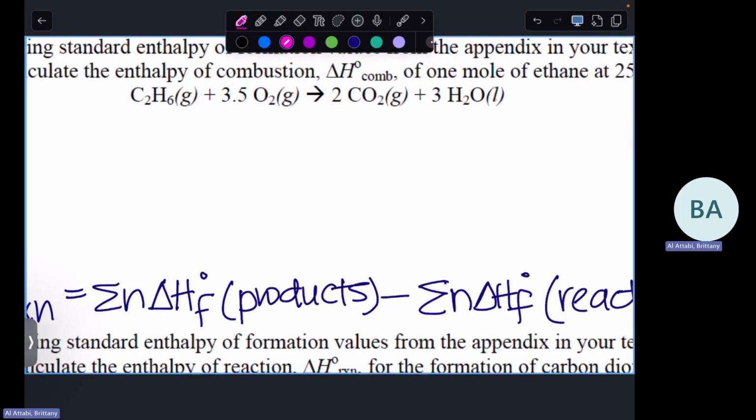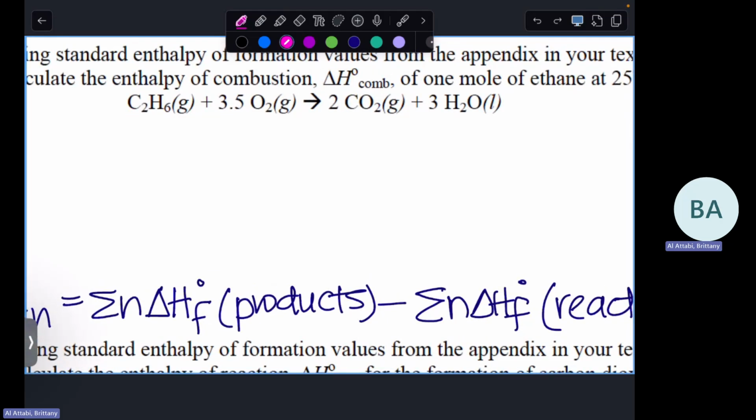So C2H6 is in the left-hand column. That guy is negative 84.68, and it's kilojoules per mole is the unit. All right, oxygen gas is 0 because that is its standard state.